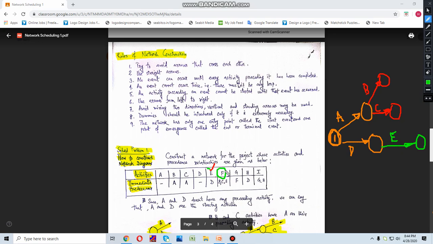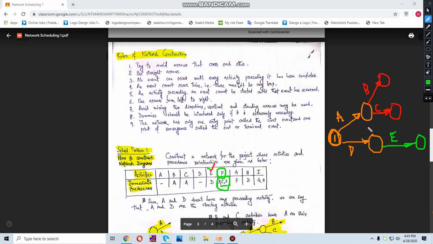This F has its immediate predecessors as B, C, and E. Now you have to understand here. Here you can see three immediate predecessors. So this suggests these three activities B, C, and E have to be merged somehow.